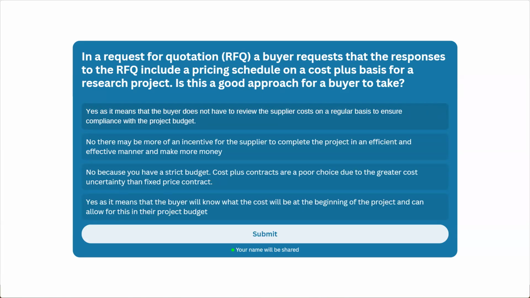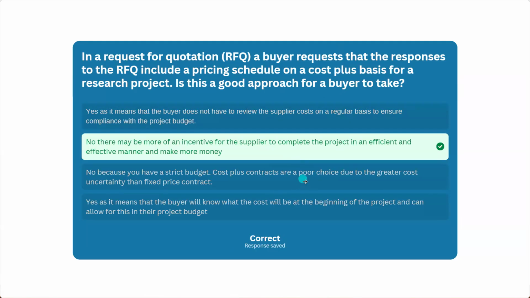So I think this works better for a research project where we have a lot of uncertainty. An incentive is better than cost plus or a fixed price contract.